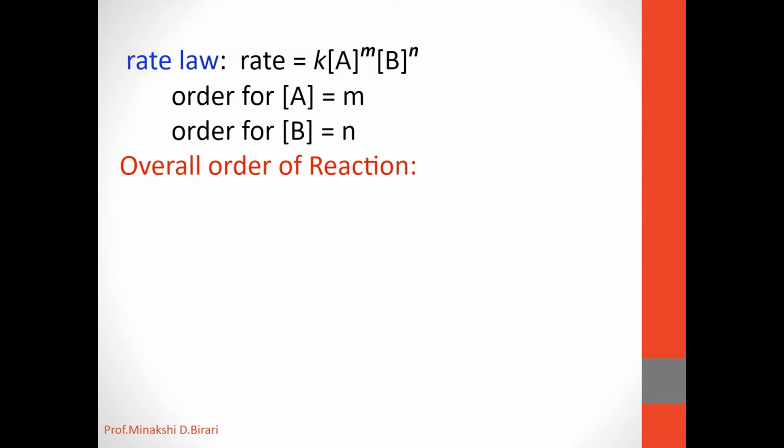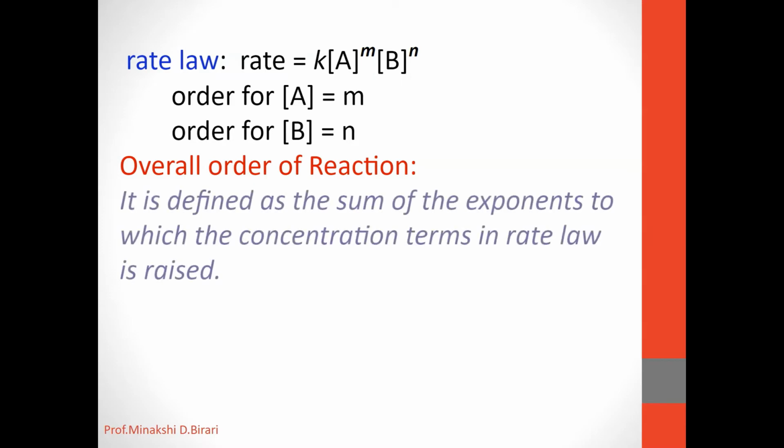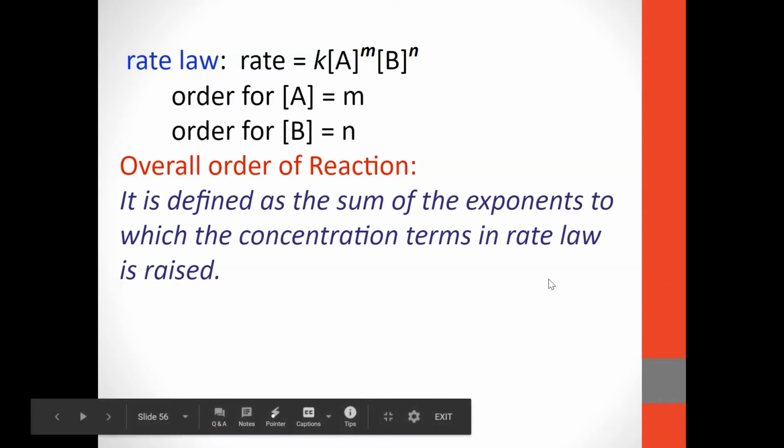Based on that, we will study the overall order of reaction. It is defined as the sum of the exponents to which the concentration terms in the rate law are raised.